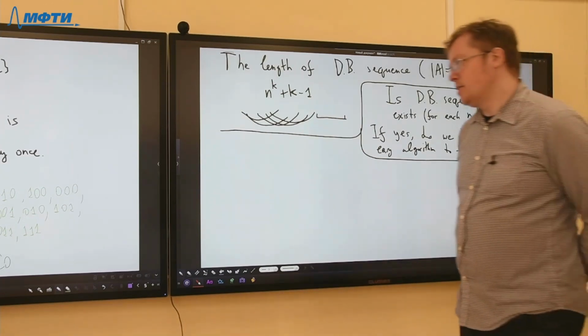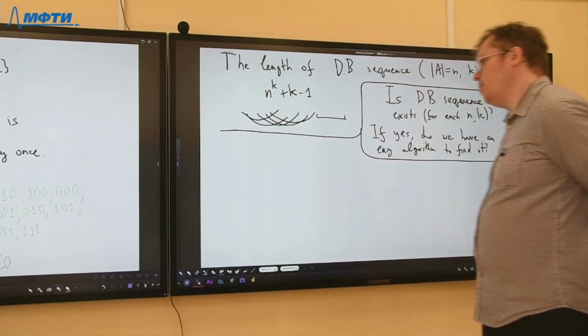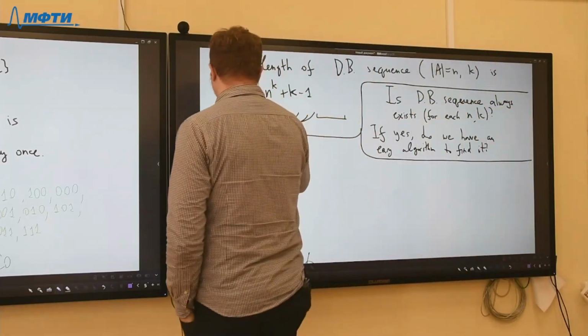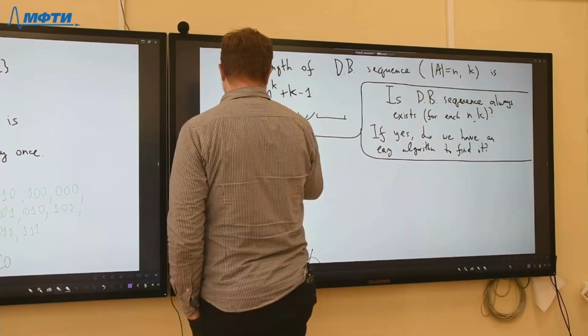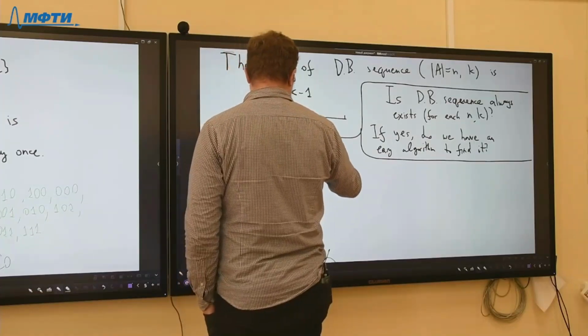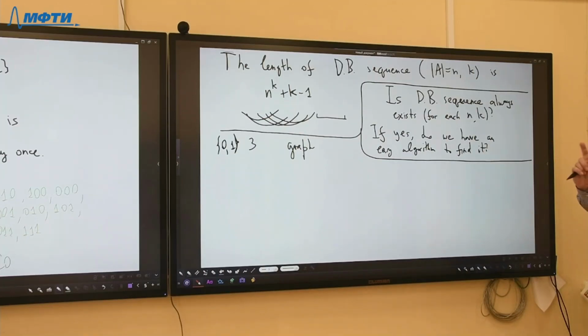I will give an example just for 0, 1, and x3. So first of all, I need a beautiful picture. I will draw a graph, and exactly the De Bruijn sequence will be the Euler circuit for this graph. What is this graph?